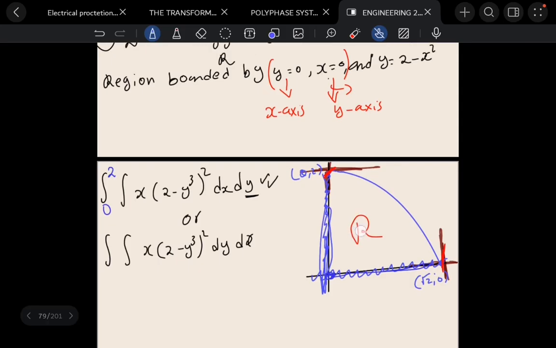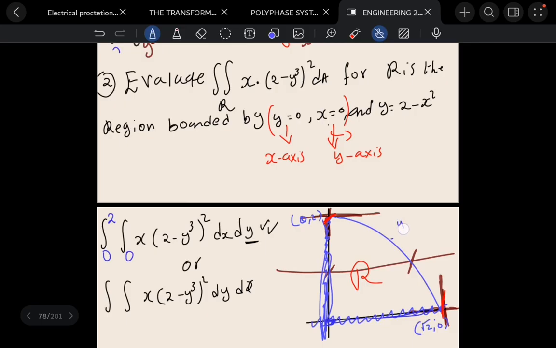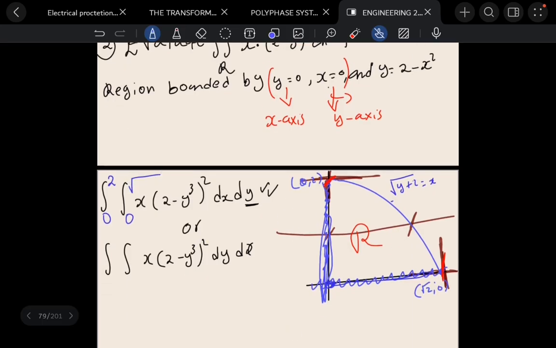You understand that one. And then for x, to get your value of x, you need to draw a horizontal line. You account for the start. So your x value will start at x equals 0, and this equation must be written in the form of y plus 2 equals x squared, and you have square roots there. So here I'm going to have the square root of 2 minus y, right?